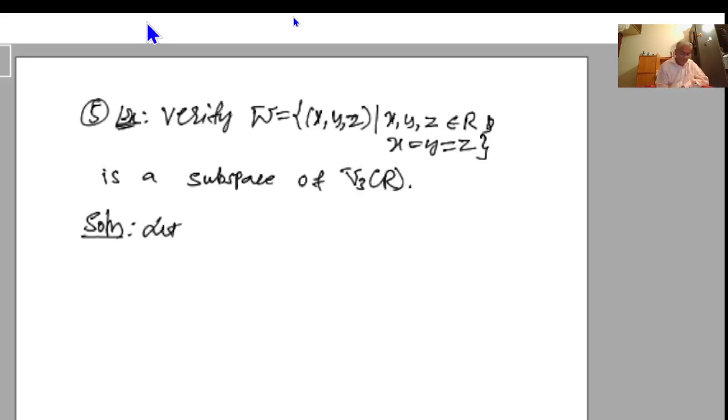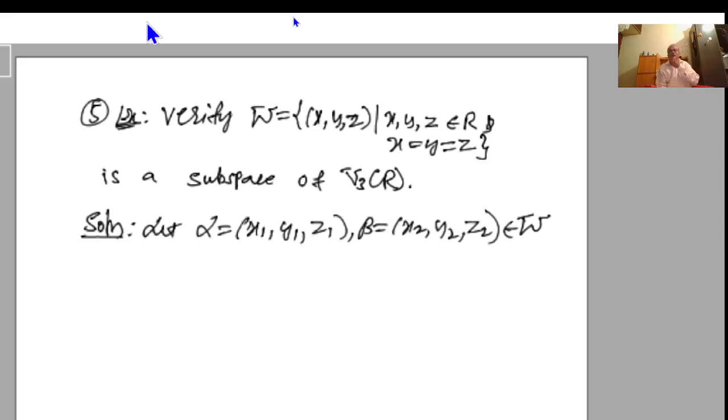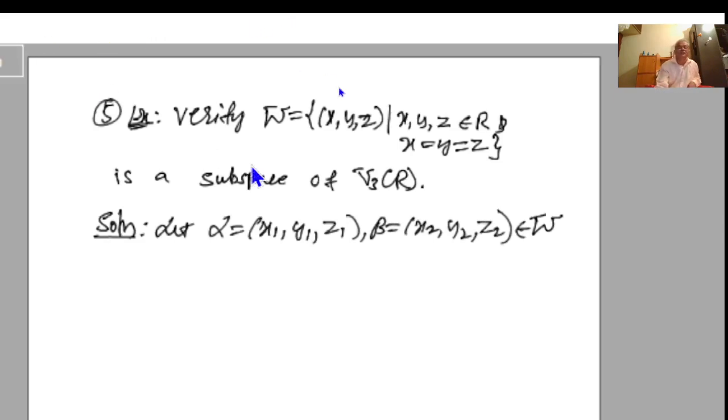Let alpha equal to x1, y1, z1, beta equal to x2, y2, z2 belong to W. Okay. So as these vectors belong to W, it means x1, y1, z1 must belong to R, x2, y2, z2 must belong to R, and x1 equal to y1 equal to z1 and x2 equal to y2 equal to z2.